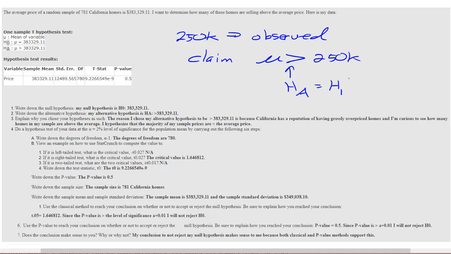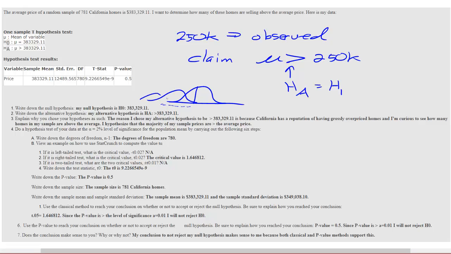Now your null is always going to be equal to. Yes, some books would say, hey, if your alternative is greater than, then the null should be less than or equal to. That's absolute crap, because you can't build one specific null curve if the null hypothesis is less than or equal to. Equal to is one curve, and less than would be an infinite number of curves.